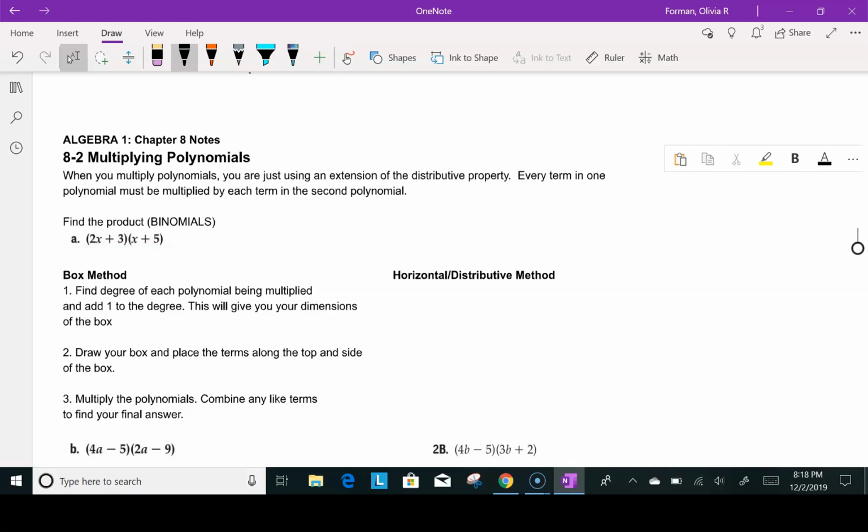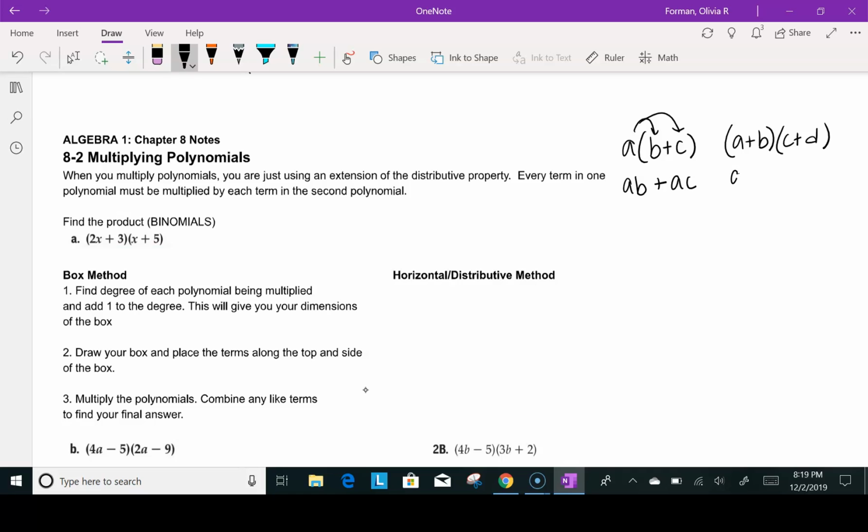So just to remind you of what the distributive property is, if you have A and you multiply it by B plus C, you end up with AB plus AC. That A goes to both terms. So when we have two polynomials, A has to go to both terms here, C and D, and B has to go to C and D as well.